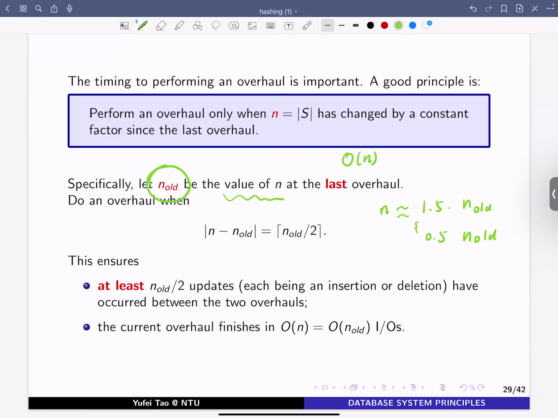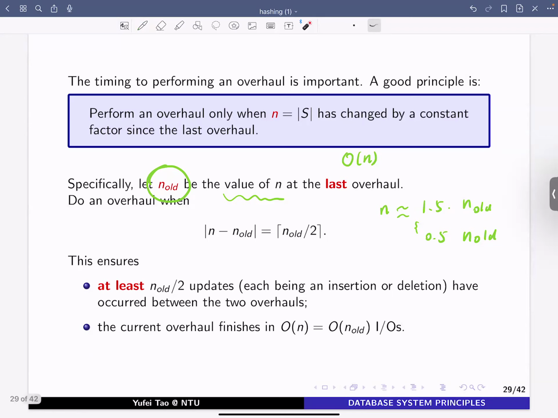You have to pay attention that this condition may never get triggered. For example, if you have an insertion immediately followed by a deletion, and then another insertion immediately followed by a deletion, the value of n will remain stable, +1, -1, +1, -1. It will never increase or decrease. So it will trigger this condition only if the number of insertions is significantly more than the number of deletions, or the other way around.